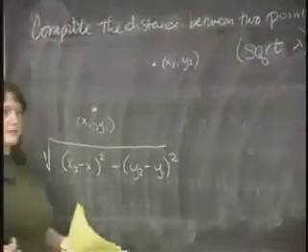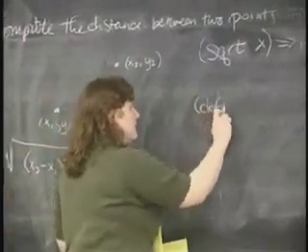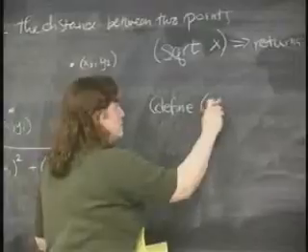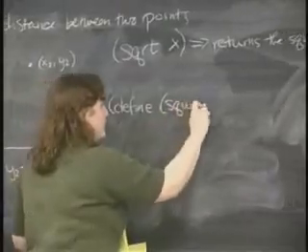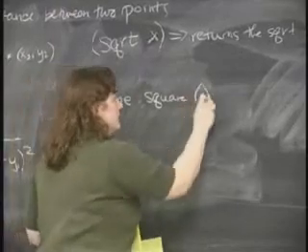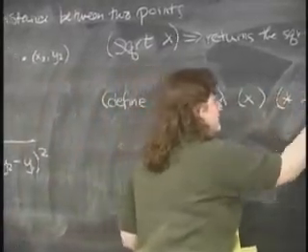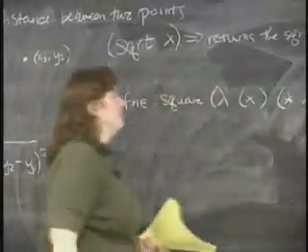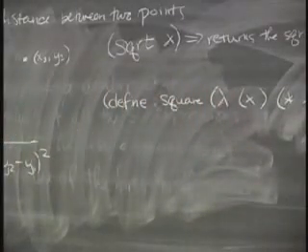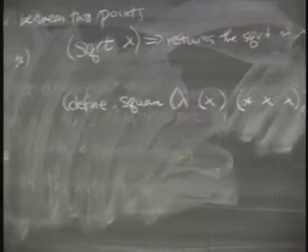You might want to have a squaring procedure. So let's define square: lambda x, times x x. Okay, and then we're adding 2 squares together.